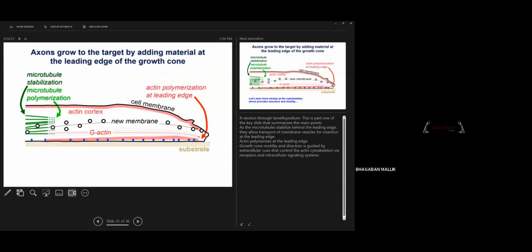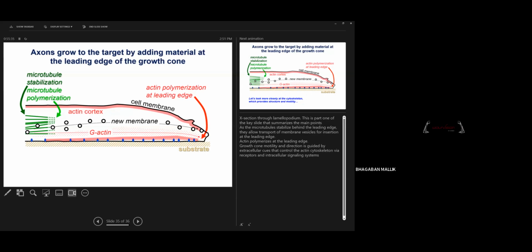This is just another model showing how the growth happens at the growth cone. You need two distinct things for the growth of the growth cone. You need the membrane, because you have addition of membrane. Also you need the actin. That's why the growth cone can grow. The microtubules present in the axon transport the vesicles, the new membrane, to the tip of the growth cone.